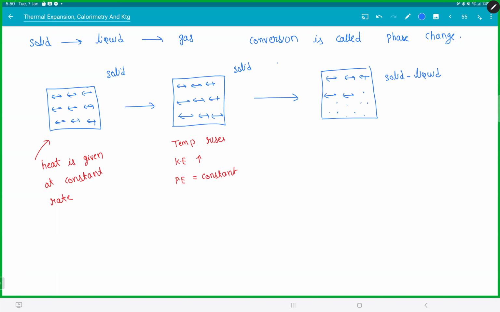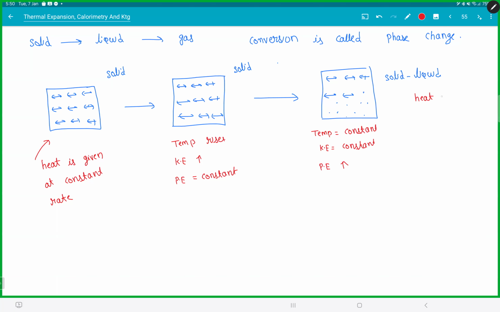This is what you'll notice. If you take solid ice and put it in a glass, after some time you'll see a mixture of some water and some ice. Now in this process, temperature is constant. All the energy that you're supplying is used to break the bonds between the molecules instead of increasing the kinetic energy. Kinetic energy becomes constant. Potential energy rises.